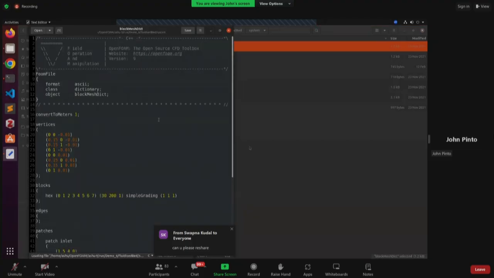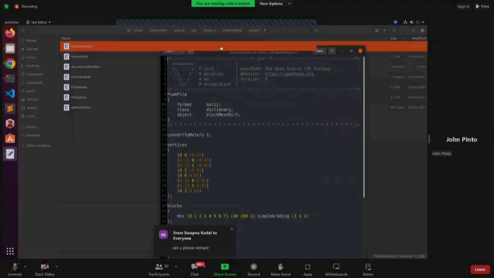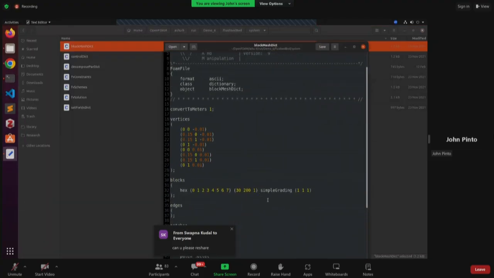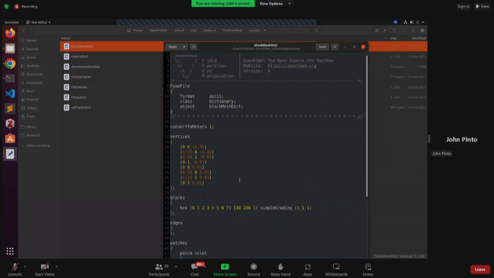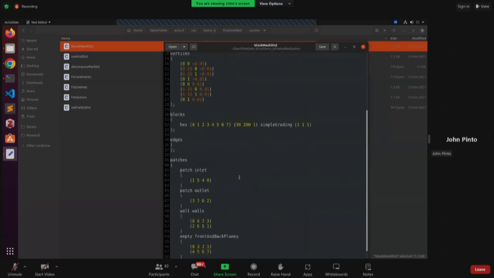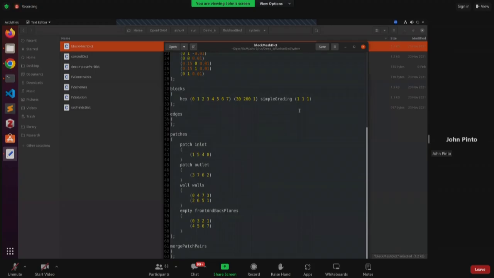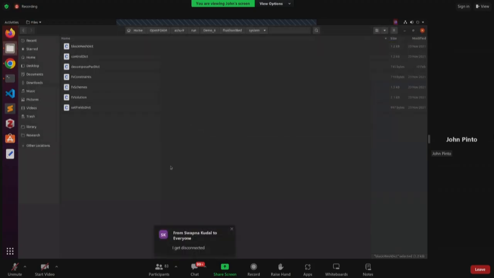Let me go to the blockMeshDict. Here again we have a very simple geometry. We have a vertical column in which at the bottom we have an inlet, at the top we have an outlet, the sides are walls, and the front and back are empty.